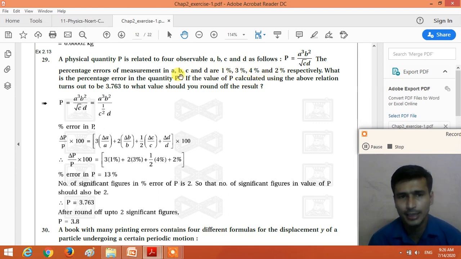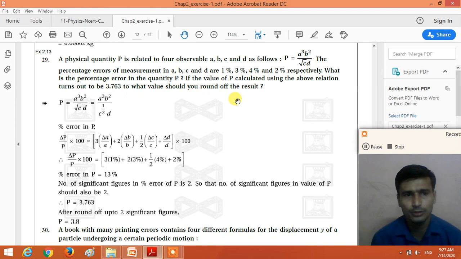Percentage error in A is 1%, in B is 3%, in C is 4% and in D is 2% respectively. What is the percentage error in the quantity P? If the value of P calculated using the above relation turns out to be 3.763, to what value should you round up the result?